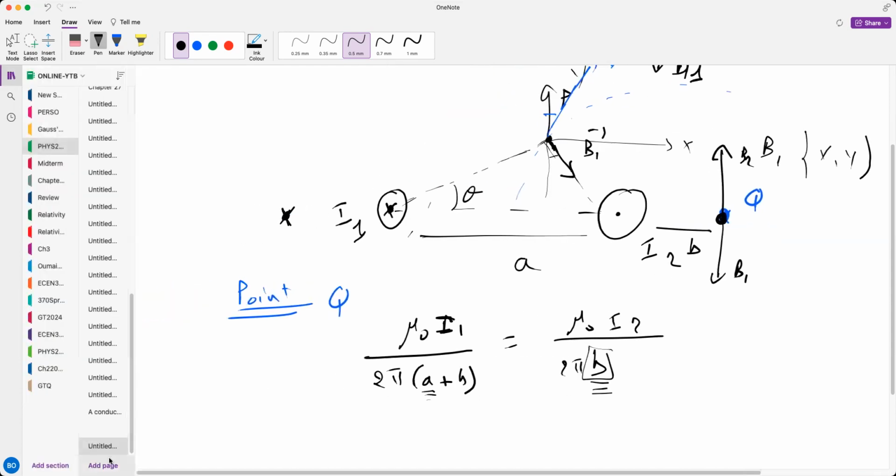Another situation is the motional EMF. Well, not the motional EMF. It's the following situation, which is a very interesting situation, and it is also given in the recommended problems.